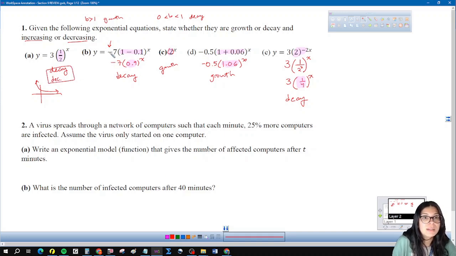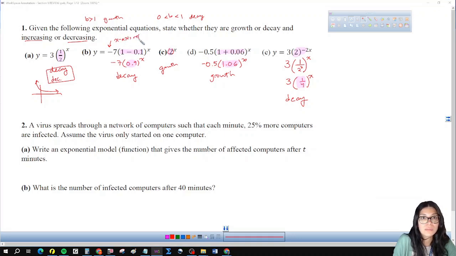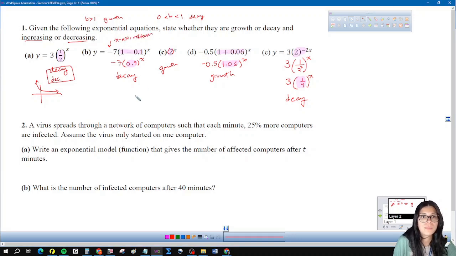Part B, notice that this negative out in front is multiplying y by a negative, which means that this is an x-axis reflection. So even though my original graph is a decay, just like the one we just did on part A, it is reflected over the x-axis, which means that this is actually what the graph looks like.